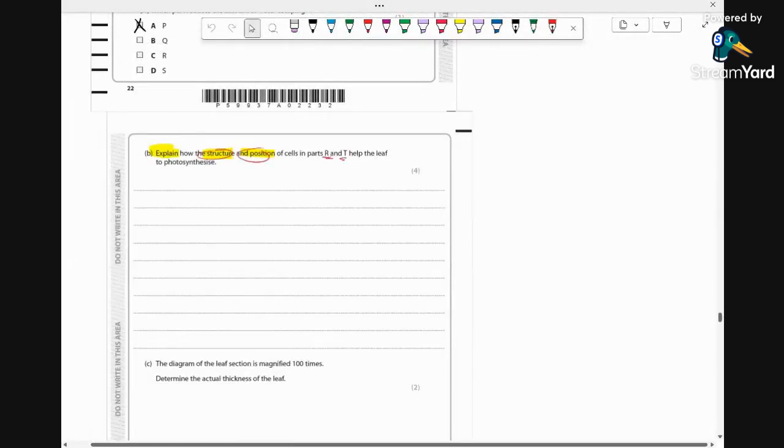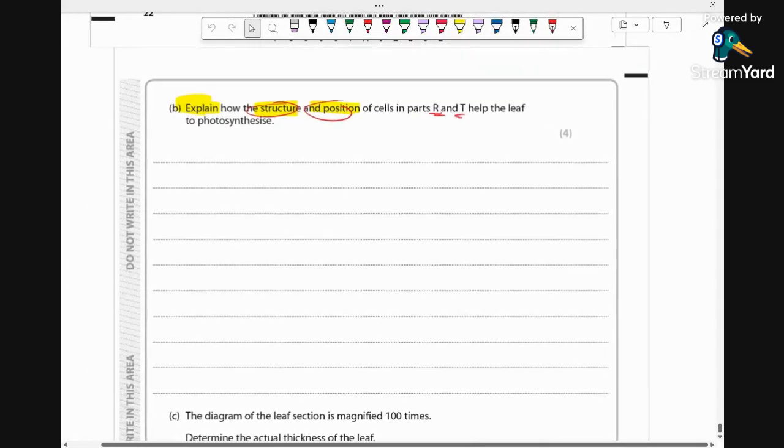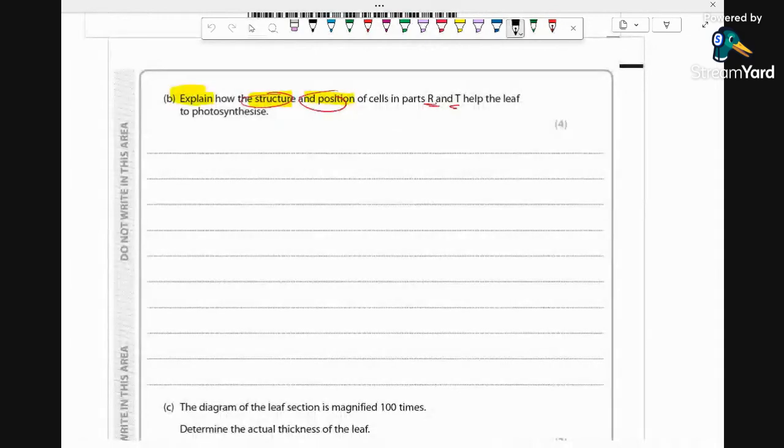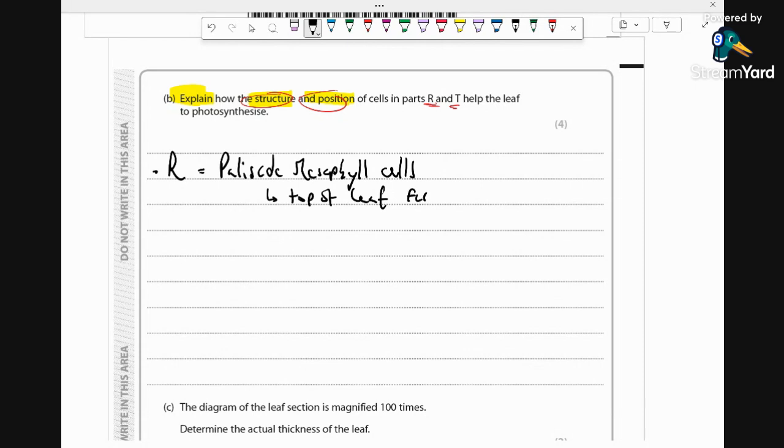Right, we're back. So explain how palisade mesophyll cells and spongy mesophyll cells are adapted for photosynthesis in terms of structure and position. So I would go R are the palisade mesophyll cells, and they are towards the top of the leaf for maximum sunlight absorption.